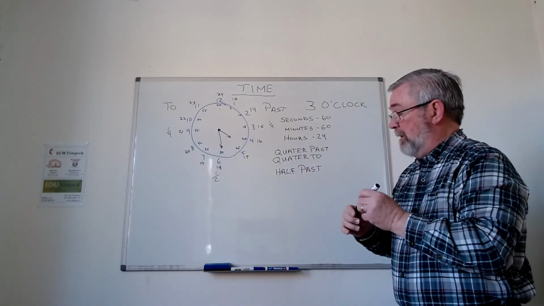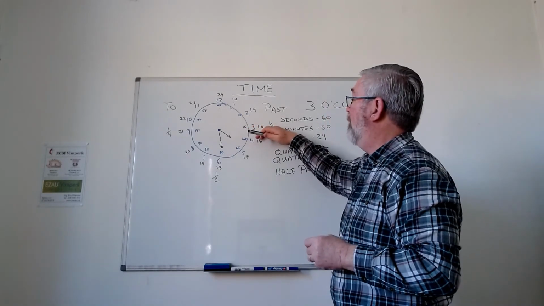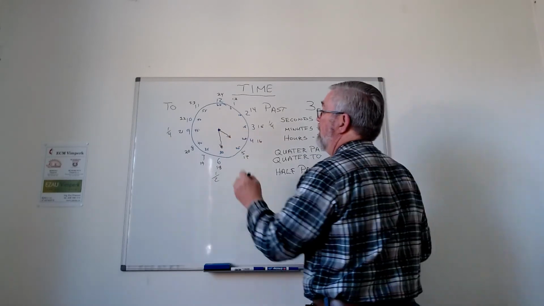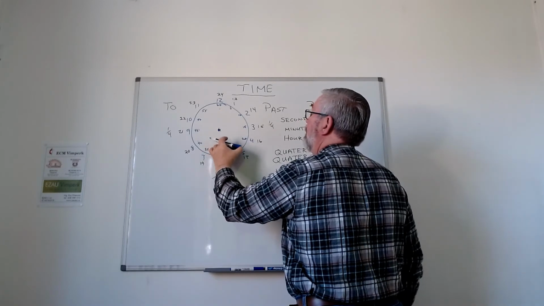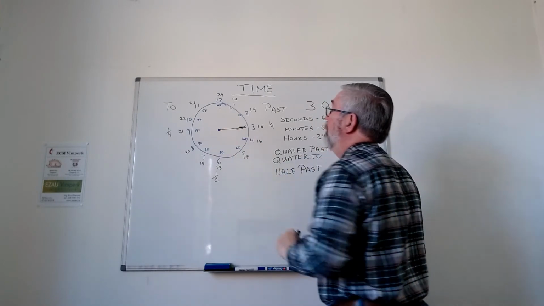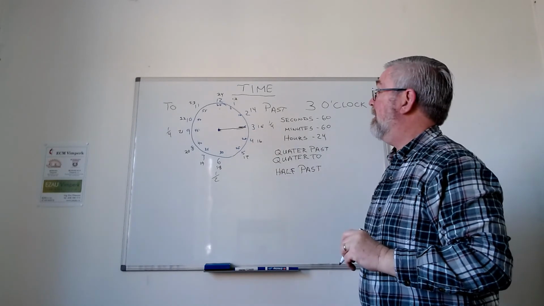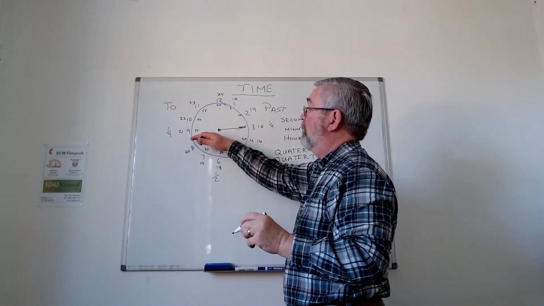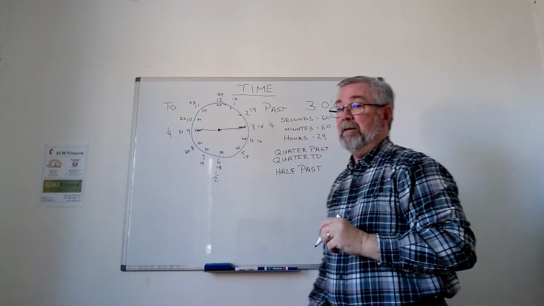Okay, so when we're talking about time, 4:15 is when the big hand is right at the 3. Okay? If we're talking about 1:45, the big hand is at the 9.